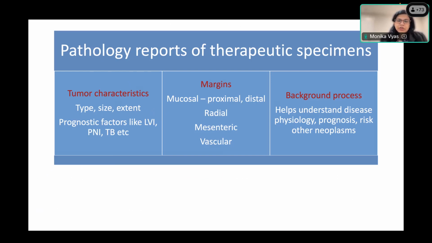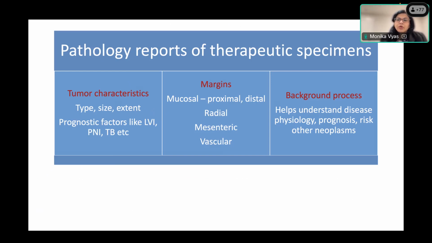In a surgical resection, we talk about mucosal resection margins, proximal and distal. Then, depending on where the specimen is coming from in the GI tract, we may have a circumferential resection margin or a mesenteric resection margin. And for local excision specimens, we'll have the mucosal resection margins and a deep resection margin.